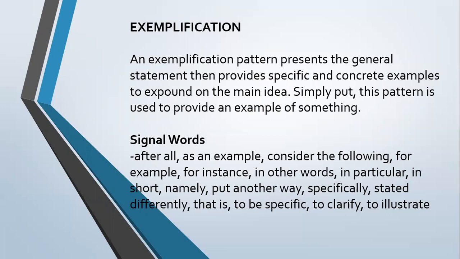So these are the signal words that you may use. After all, as an example, consider the following. For example, for instance, in other words, in particular, in short, namely, put another way, specifically, stated differently, that is, to be specific, to clarify, to illustrate.